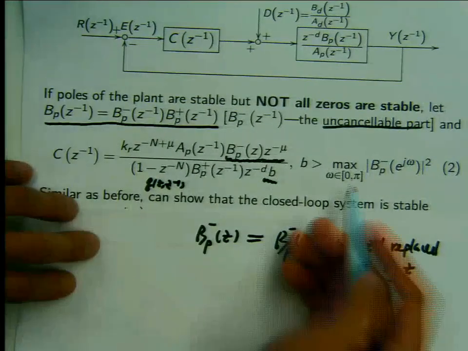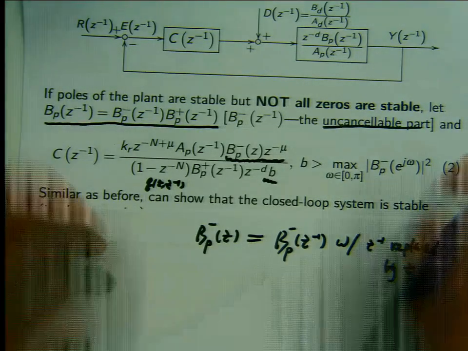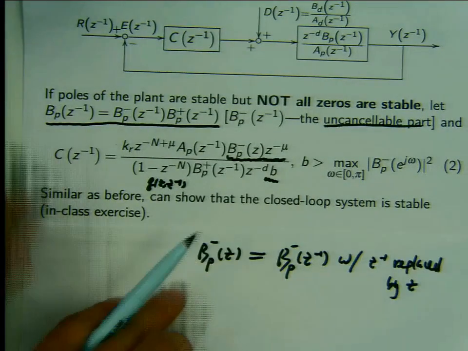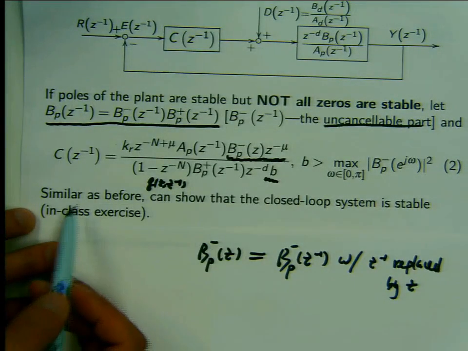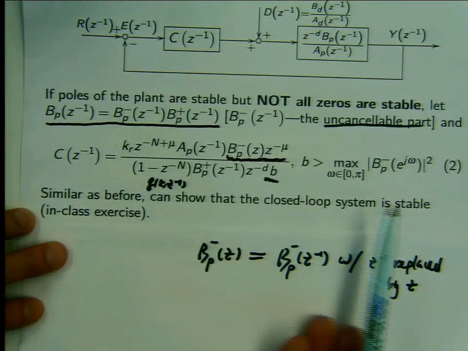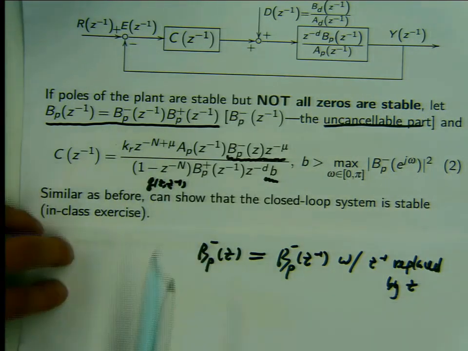And this B has this inequality here. Now, take a moment to look at this structure. Then I want you to be able to show that this closed loop system is stable. Actually, I want you to show two things.